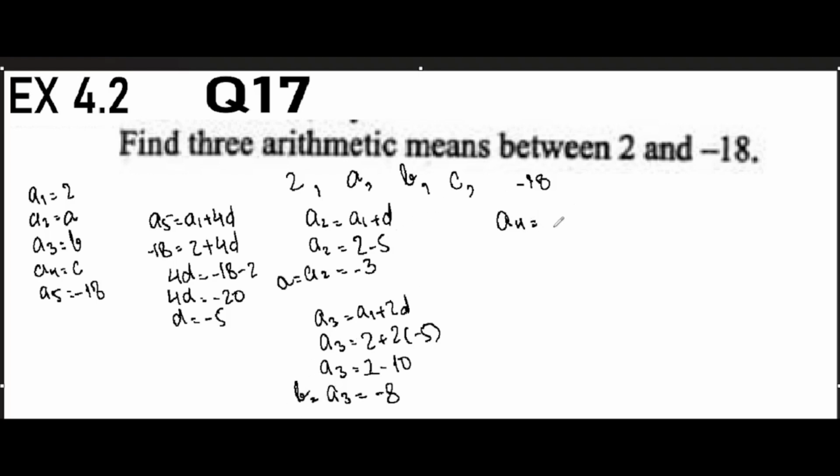Now a4 is equal to a1 plus 3d. a4, which is c, is equal to a1, which is 2, plus 3 into d, which is minus 5. c is equal to 2 minus 15. c is equal to minus 13. So a, b and c are the three arithmetic means between 2 and minus 18.